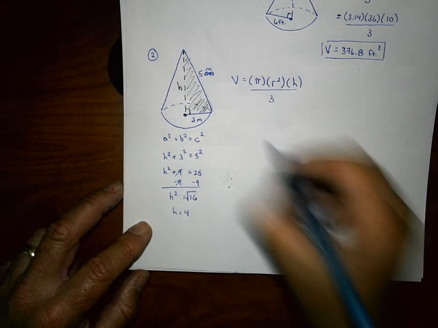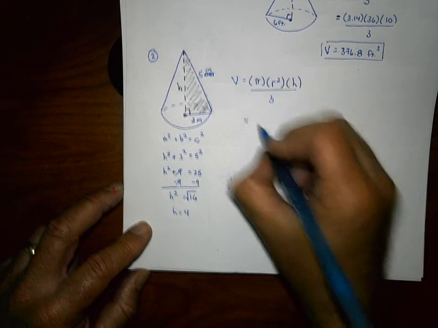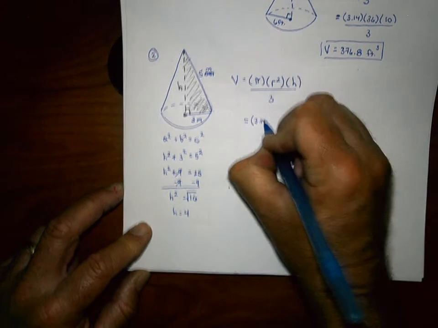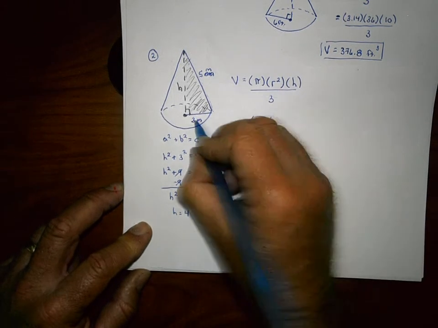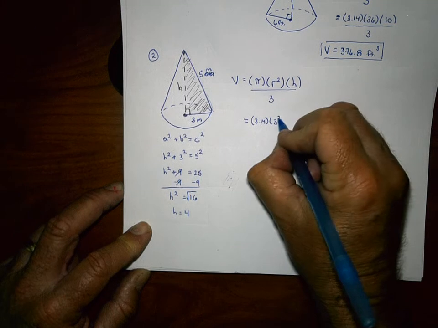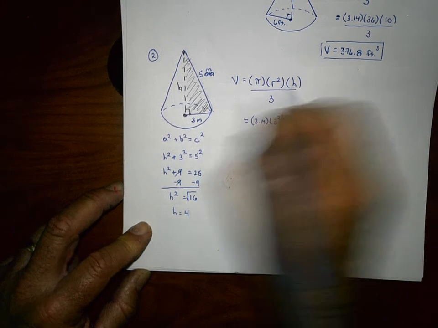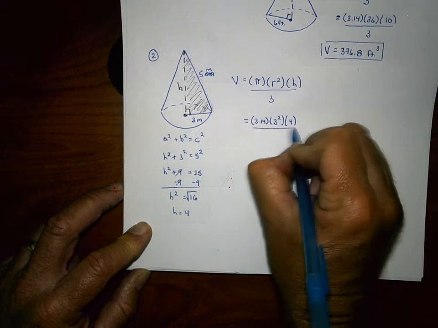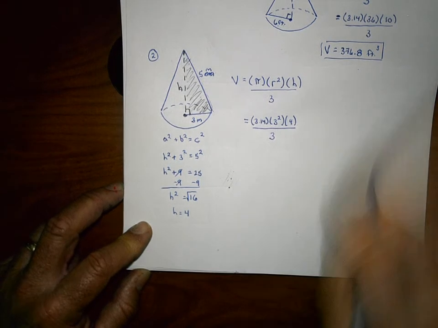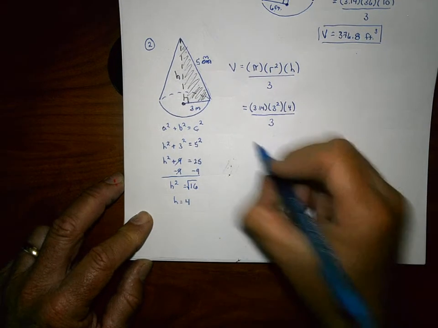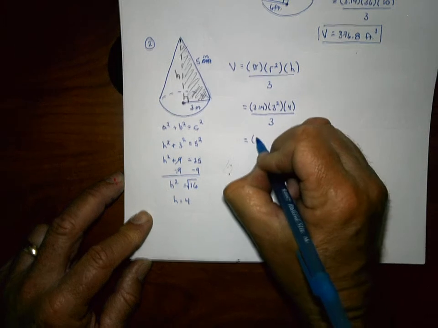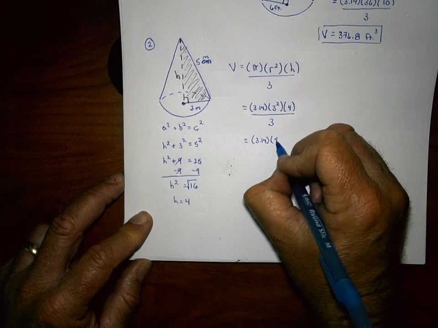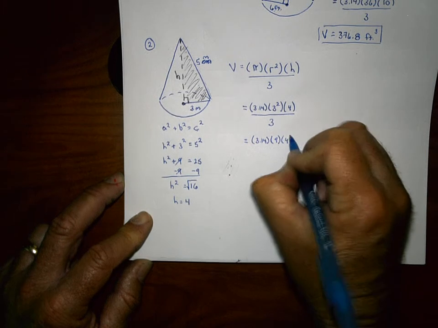So now I have the information to find the volume. My volume is going to be pi, 3.14, times the radius, which is 3, to the second power, times the height, and we just found the height to be 4. And then I have to divide all that by 3. Why am I dividing by 3? Well, that's what the formula told me to do. Now I work this out. 3 to the second power is 9, times 4, and then I'm going to divide by 3.